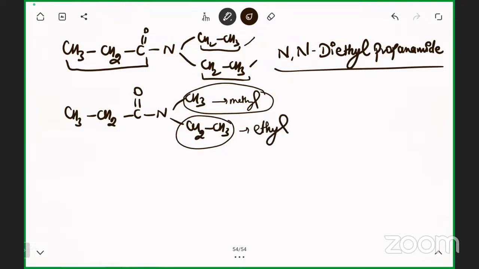So first, which one should I write? Ethyl. So N dash ethyl, then N-methyl, and then propanamide. Very good.